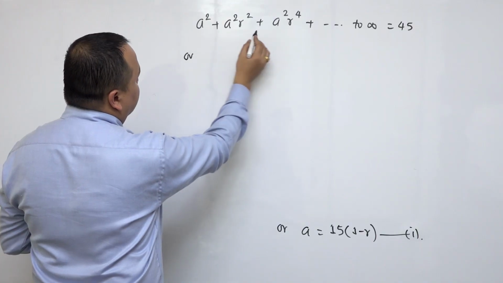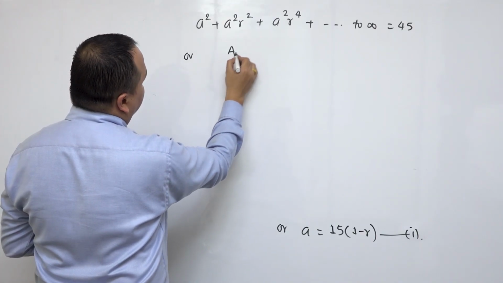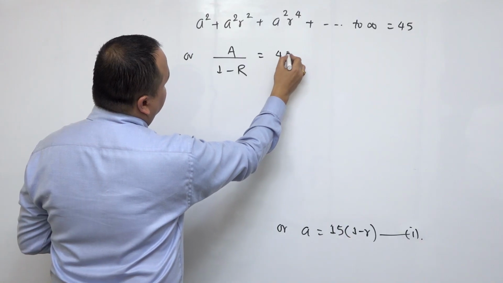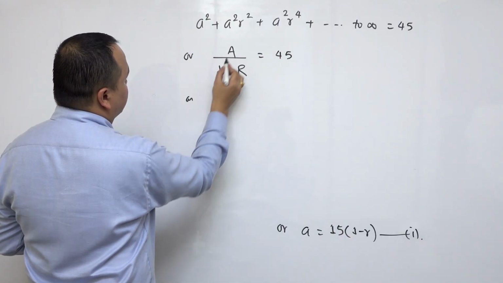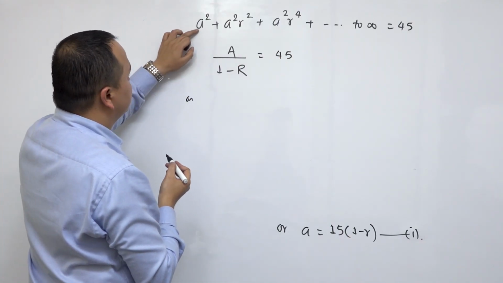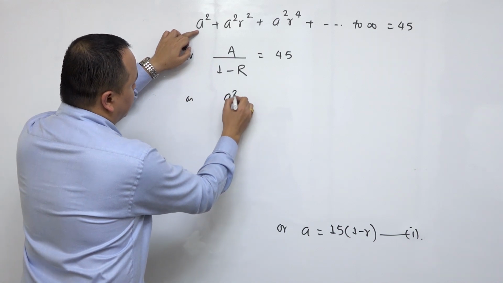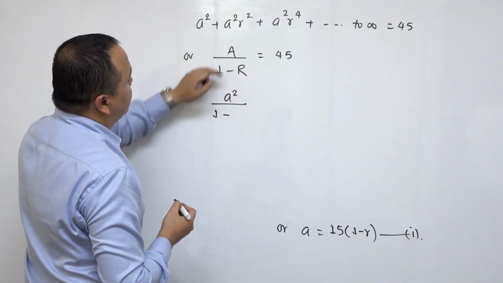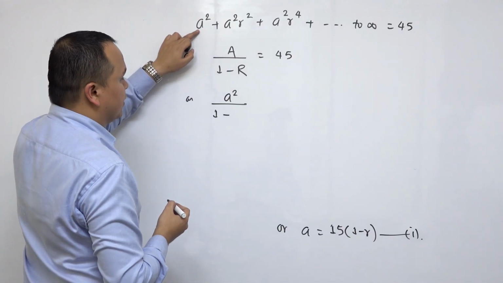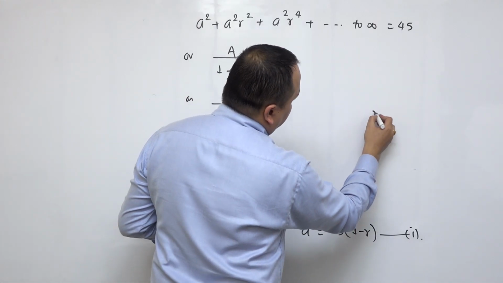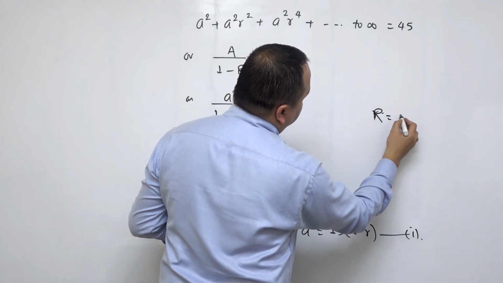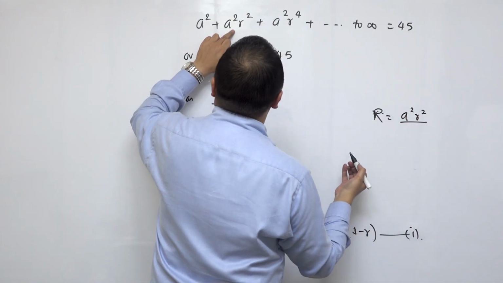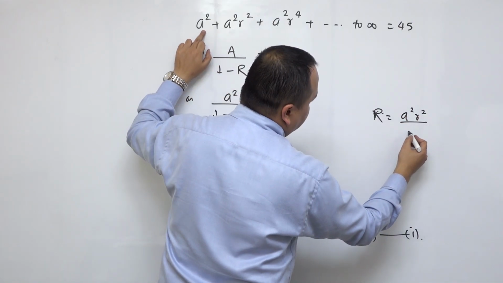And again, using the formula, A upon 1 minus R is equal to 45. Here the first term is A square, and R is T2 by T1. We have T2 is A square R square upon T1 which is A square.